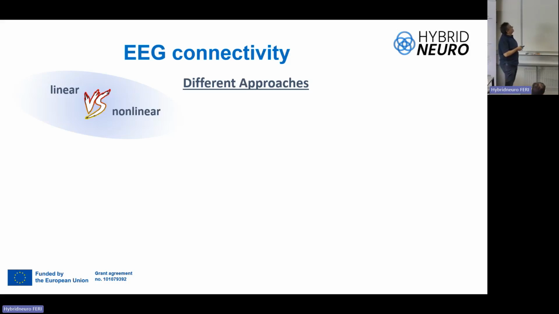We can classify these different approaches for brain EEG connectivity as linear and non-linear. Linear: when something increases, the second increases as well, with different velocity, but linearly. Non-linear is not so nice: when something increases, maybe the other increases as well, but not linearly, exponentially, or so.